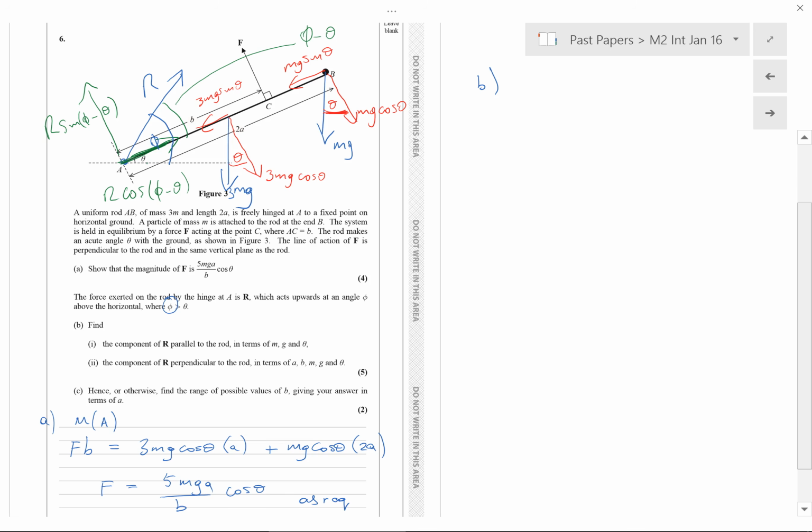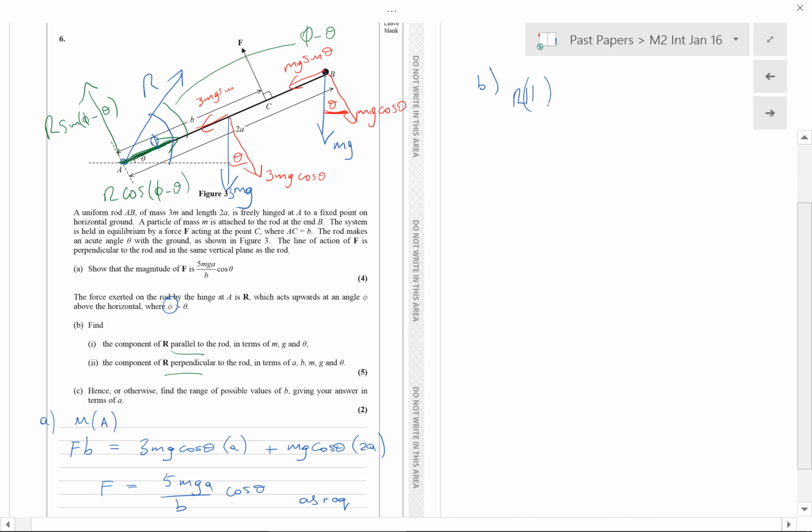Right, because it talks about things being parallel and perpendicular, I'm going to resolve parallel and perpendicular to the slope. So resolving parallel to the slope, the good thing, of course, is F doesn't figure in our equation at all.